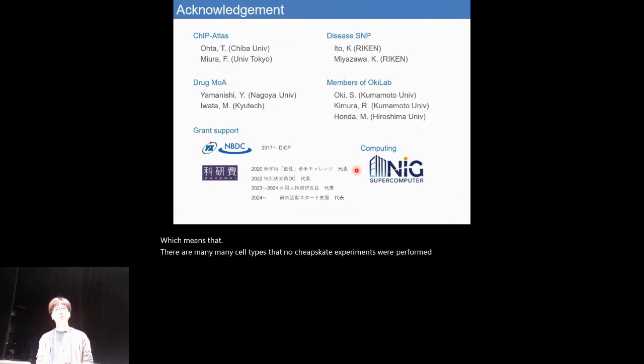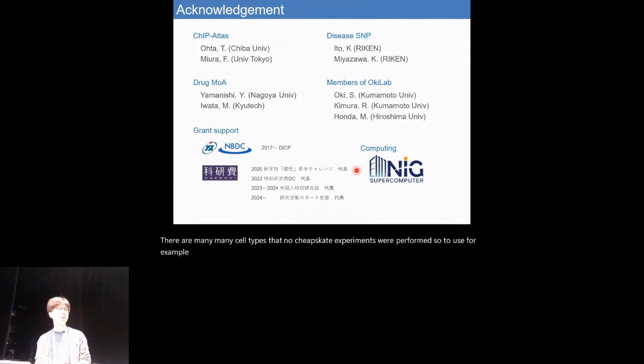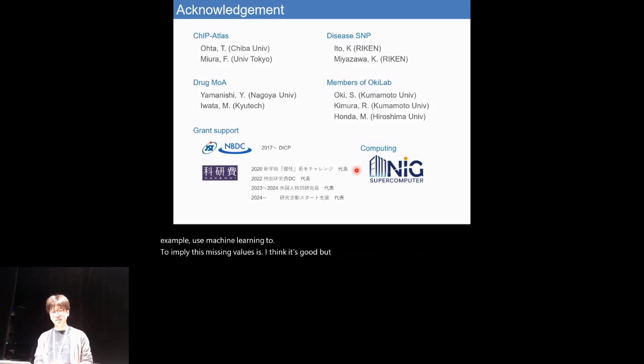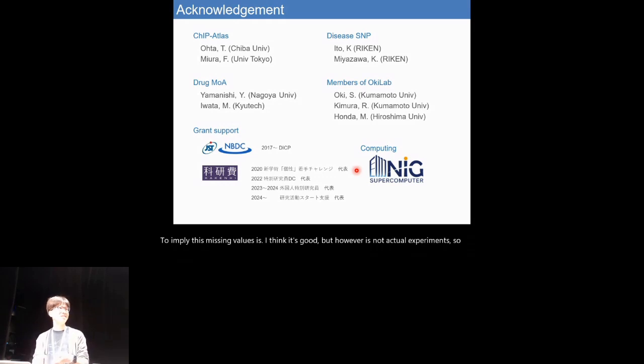So to use, for example, machine learning to impute these missing values I think is good, but however, it's not actual experiments. So how to use these imputed results is difficult. Yeah, I agree. So, thank you.